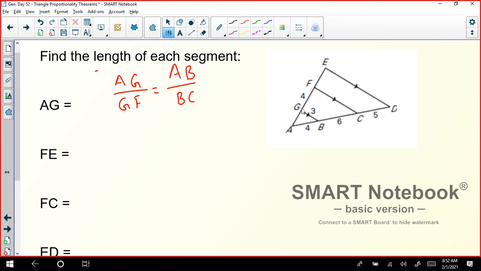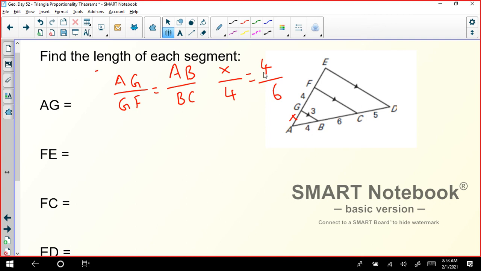The sides that the parallel line intersects are going to be proportional. Substitute whatever we have. I don't have the value of AG. Let me call this X. I have the value of GF, which is 4, and AB, which is 4, and BC is 6.